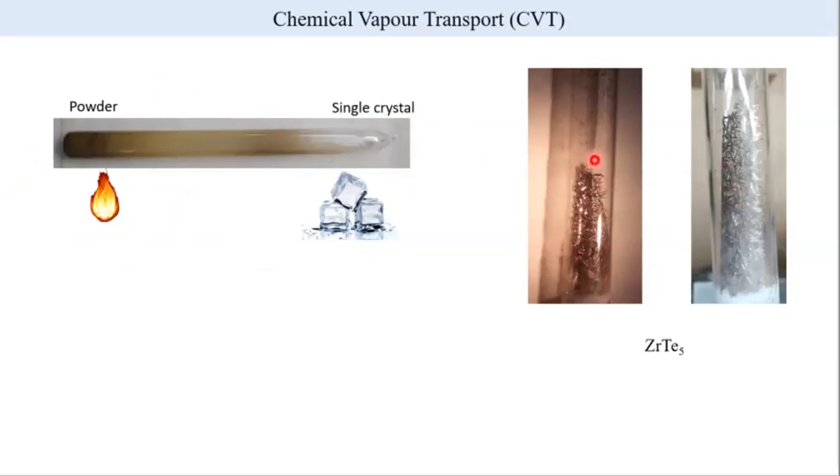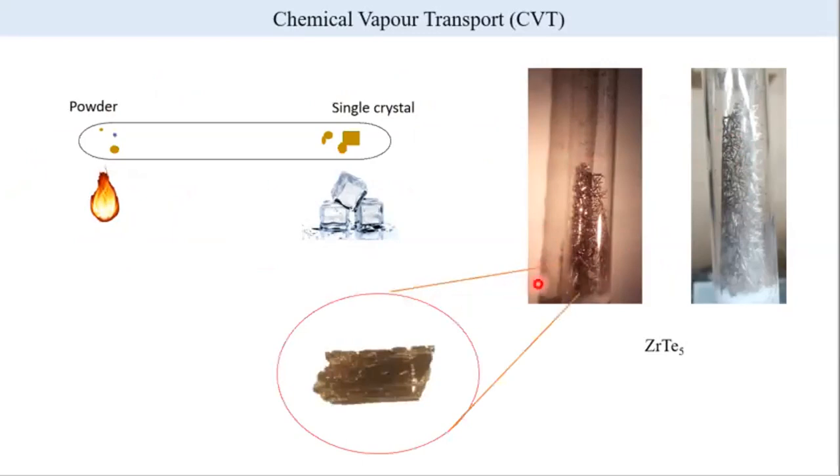These are the grown single crystals that were found in the cold region. Here I can show one small piece, which indicates that the grown material is very shiny and has its own structure. This is basically CVT grown Jeda T5.